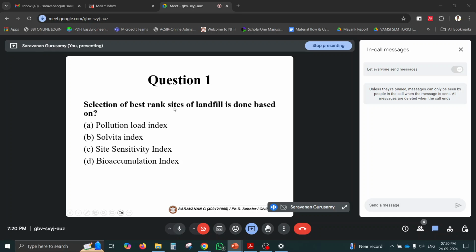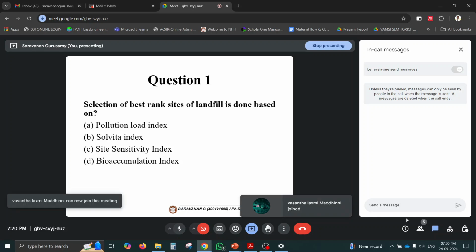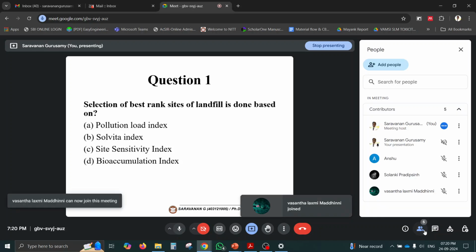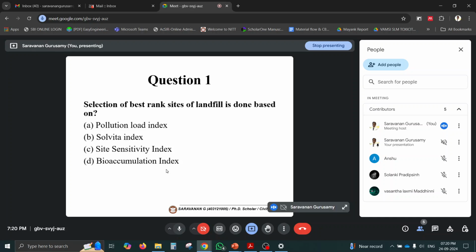This is the first question of the old assignment solving. Selection of best ranked sites of landfill is done based on pollution load index, Solvita index, site sensitivity index, or bioaccumulation index.